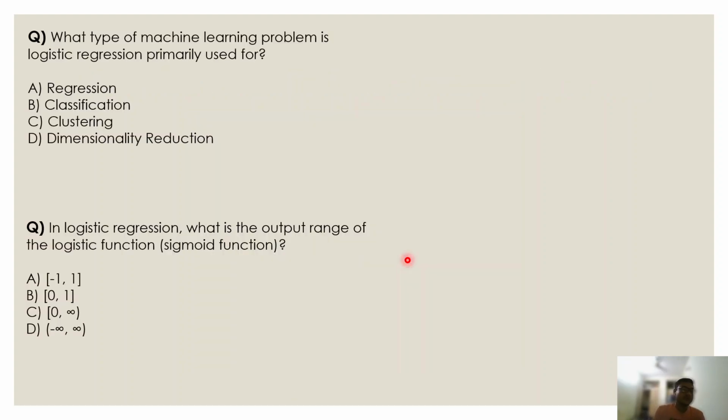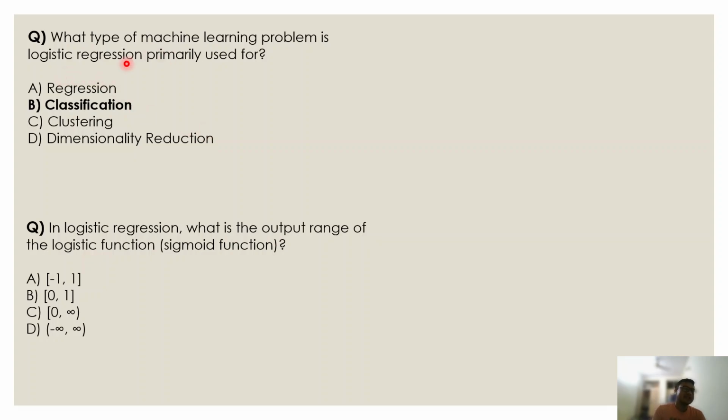Moving towards the numerical questions: what type of machine learning problem is logistic regression primarily used for? Just as we saw, it is used for the classification problem.